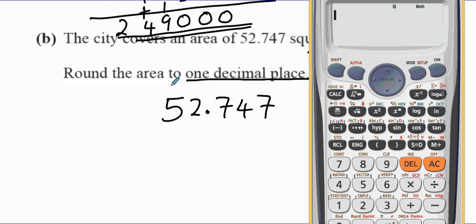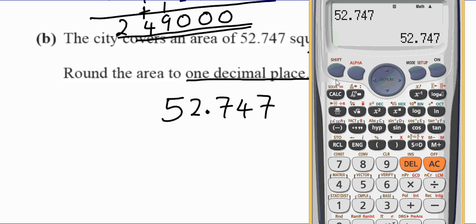Now, to round this number correct to one decimal place, we type this number on the calculator, 52.787. Can you see that? Hit equals, and the number will be displayed on the screen for the second time. This shows that your calculator has entered the number in its memory.